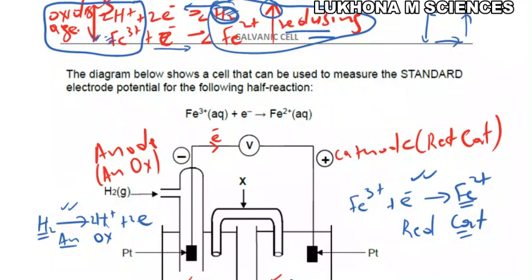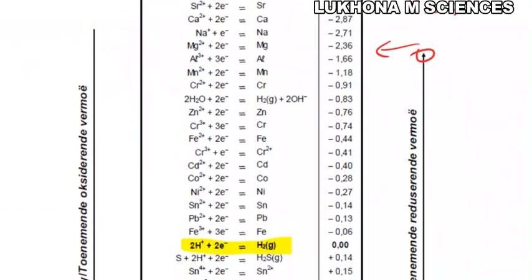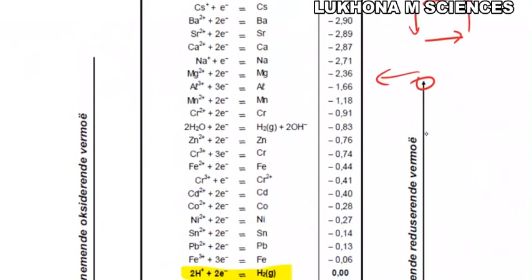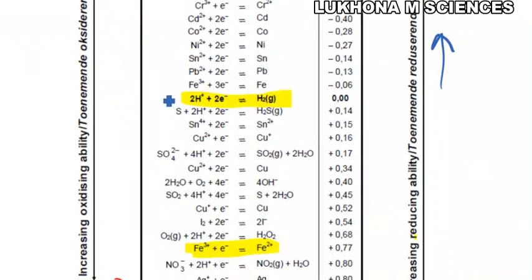If you go to the table, the arrow is pointed up, meaning that now that we have substance 1 and 2, the one above on top is the strongest reducing agent.